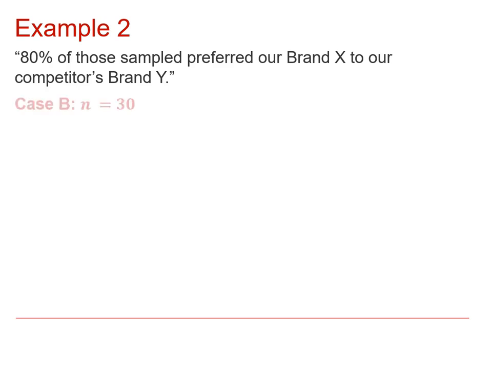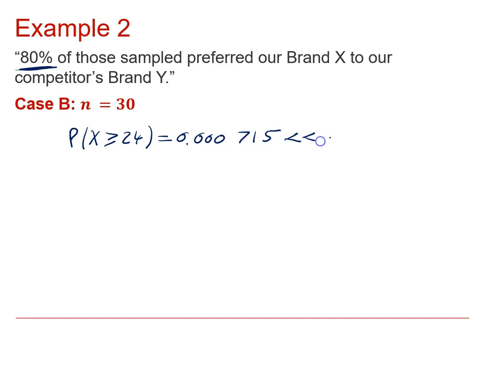On the other hand, if we have n equal to 30, and we have 80% of those sampled, that's 24. If I run through this, the probability that x is greater than or equal to 24 is 0.000715, which is significantly less than that 1% level.